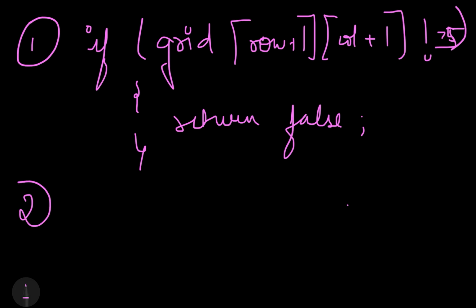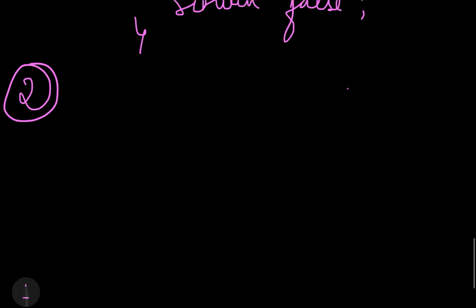Okay. So what was the second check? The second check was checking if all the corners are even. So let's write the condition for that.